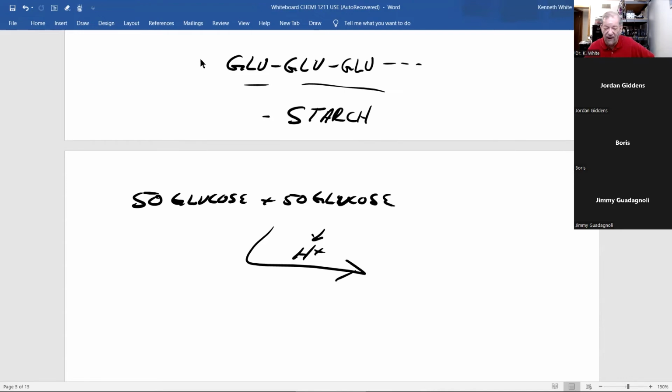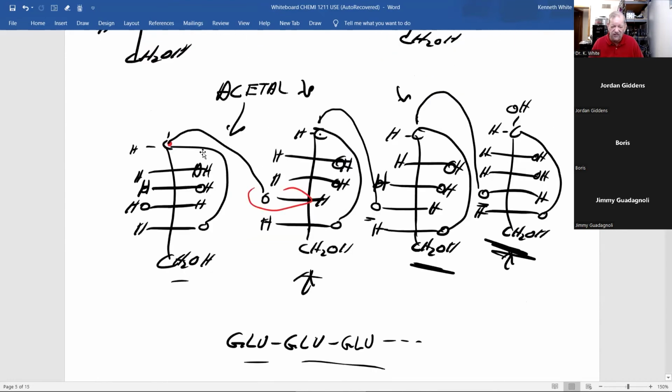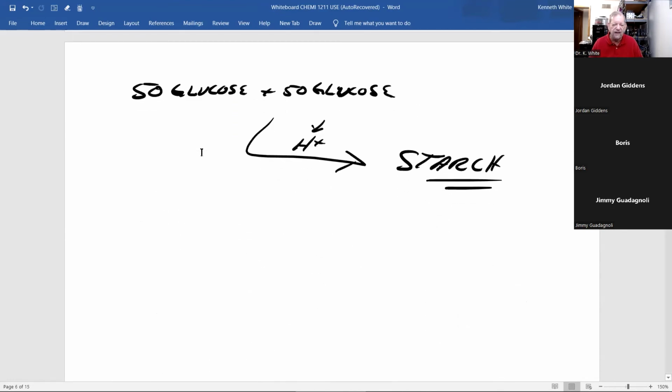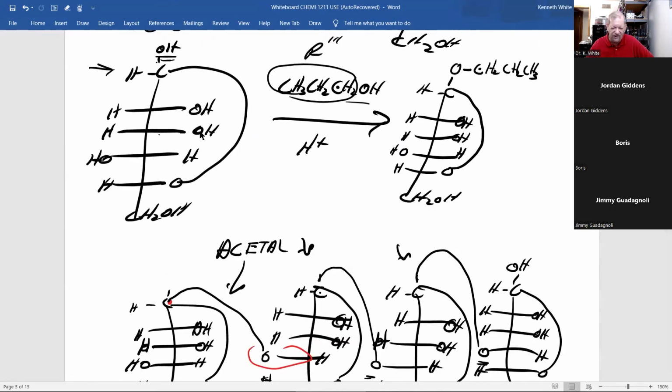Enzymes, a lot of them are acid catalysts. You will make starch. And think about it. All the starch you know in your life, the good stuff, is made from this reaction. Now, what holds the starch molecules together? An acetal linkage.